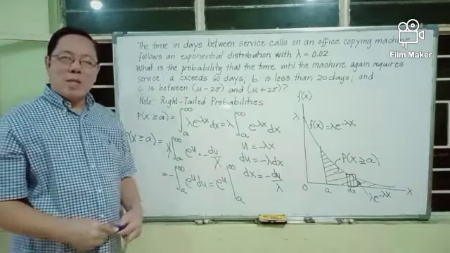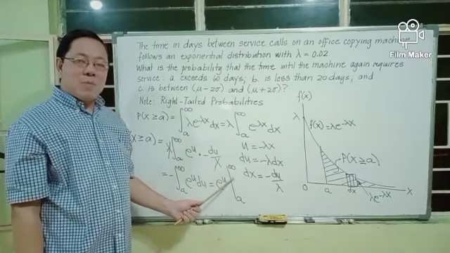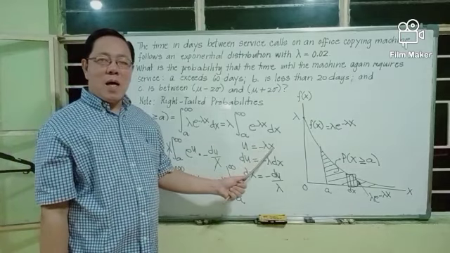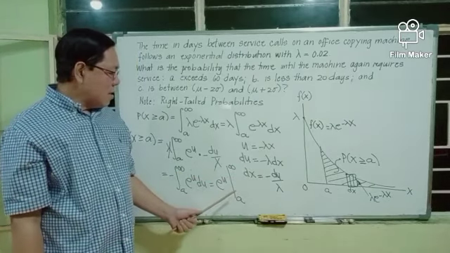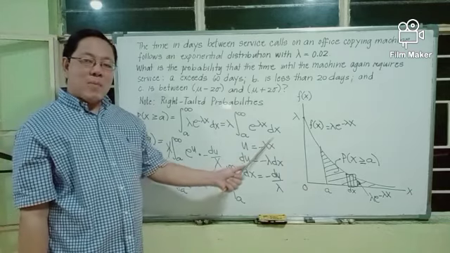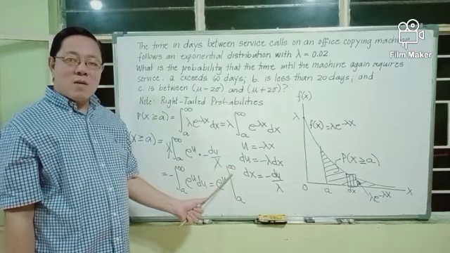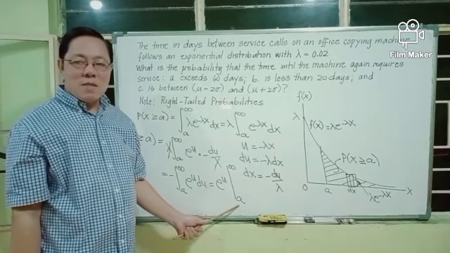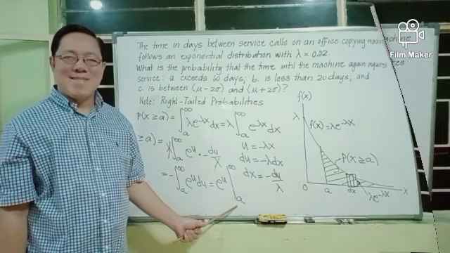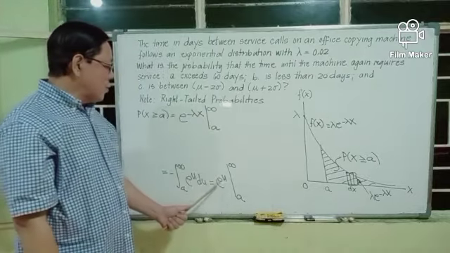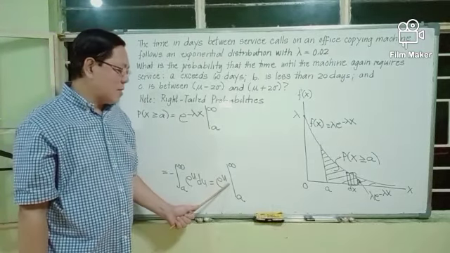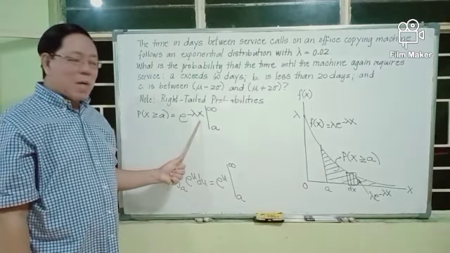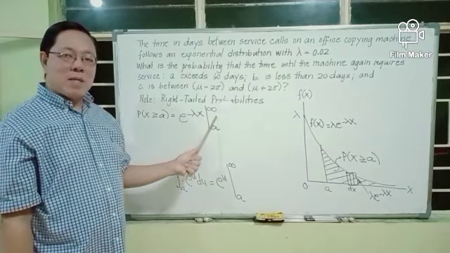To evaluate e to the power u from a to positive infinity, we replace u with minus lambda x. So this becomes e to the minus lambda x to be evaluated from a to positive infinity.